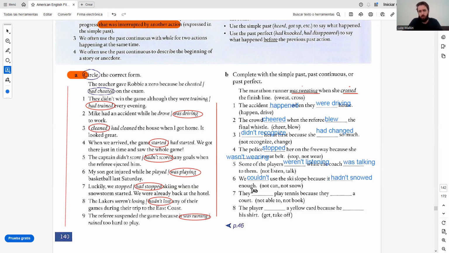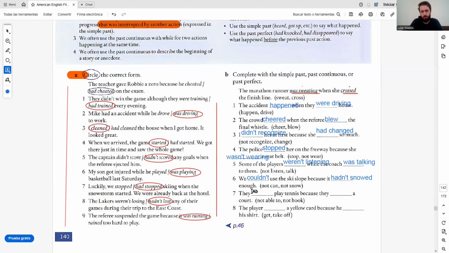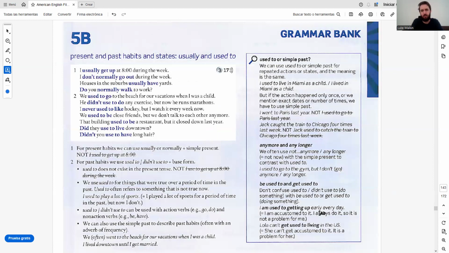Number 7, they were not able to play tennis because they, before, hadn't booked a court. And number 8, the player got a yellow card because he had taken off.